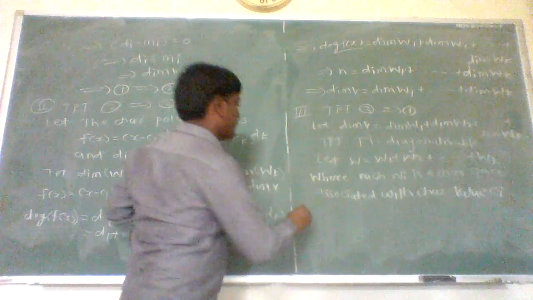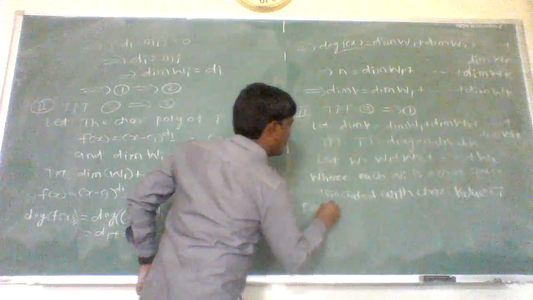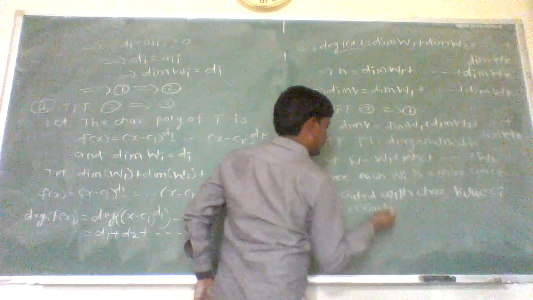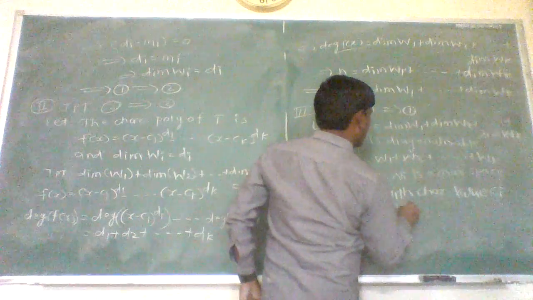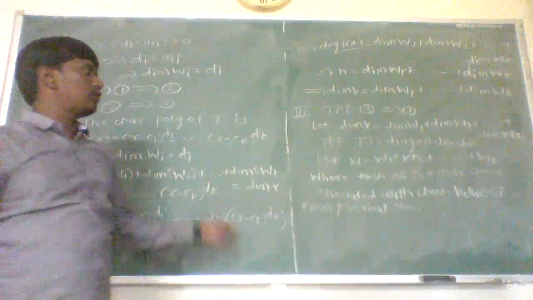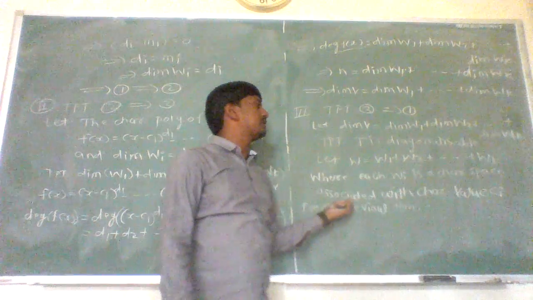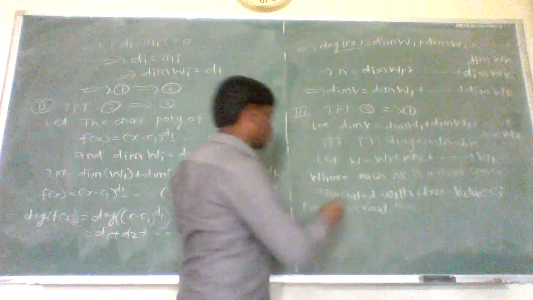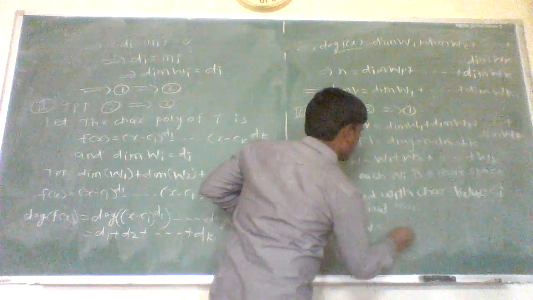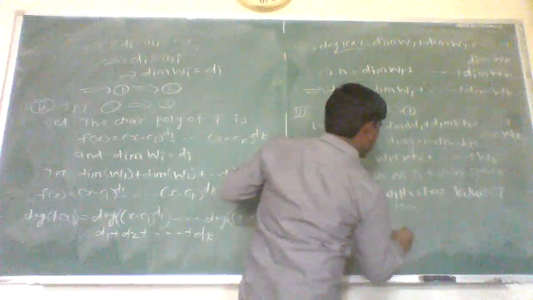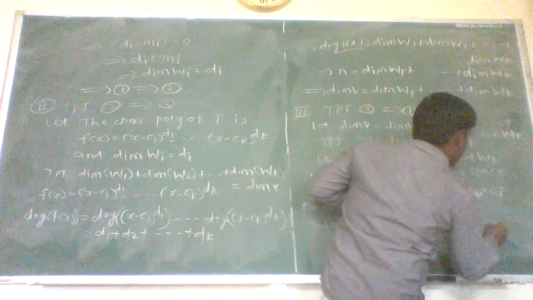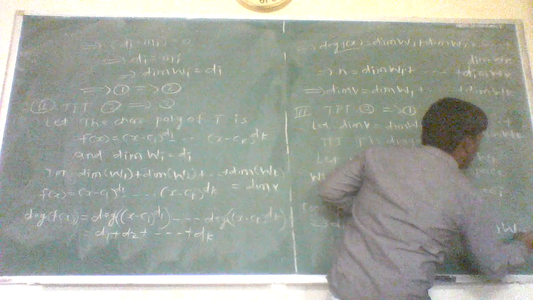Now from previous theorem, if W is equal to W1 plus W2 plus up to so on Wk, and Wi's are the characteristic spaces associated with the characteristic values ci, then the dimension of W is nothing but dimension of W1 plus dimension of W2 plus up to so on dimension of Wk.